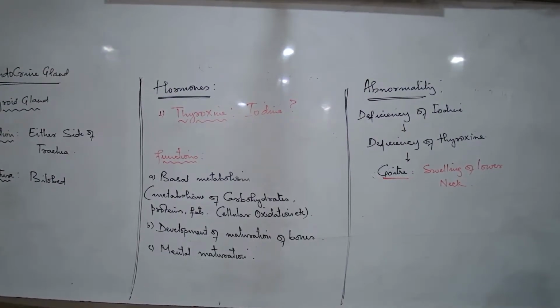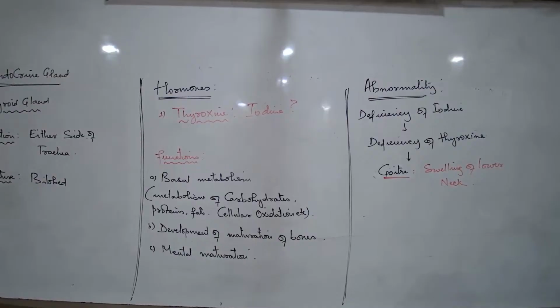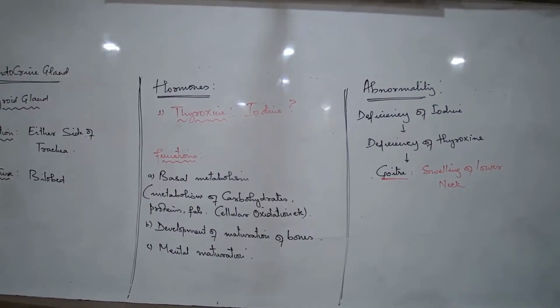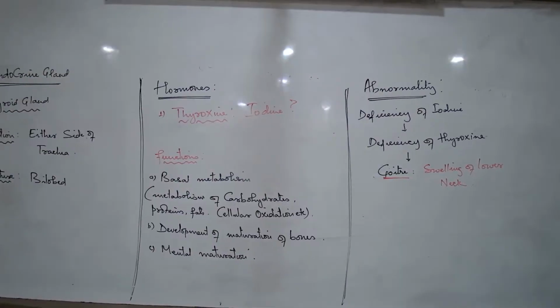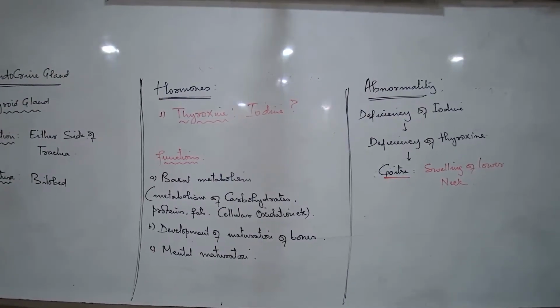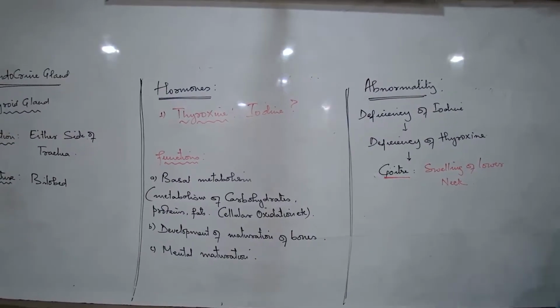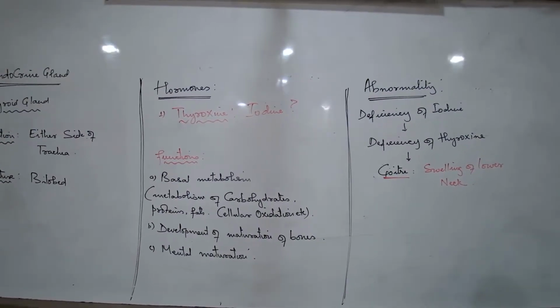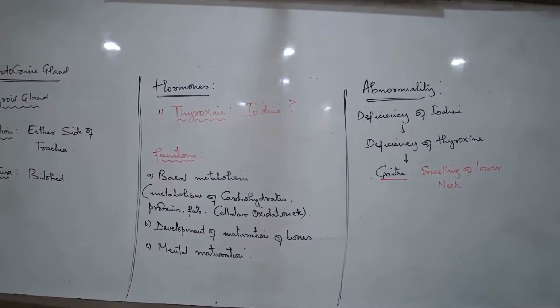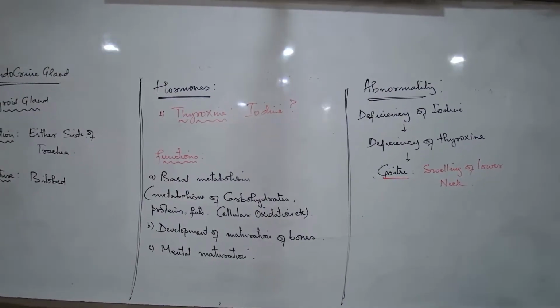But compare people of the coastal areas, who have many sources of iodine intake. For example, the soil is rich in iodine. So the green leafy vegetables or the crops also have an adequate amount of iodine.